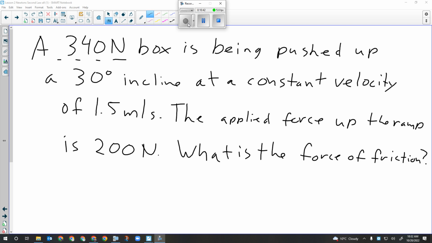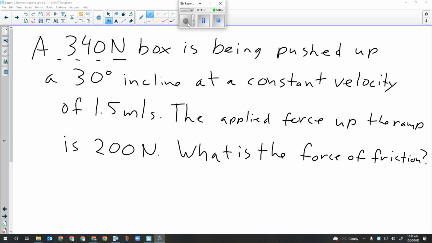What is the force of friction? This is an example where people forget something important involved with all inclined planes. So it's an inclined plane question. Get it set up. I'll give you 5, 8 minutes, something like that, to work on it, and then we'll go through it together.